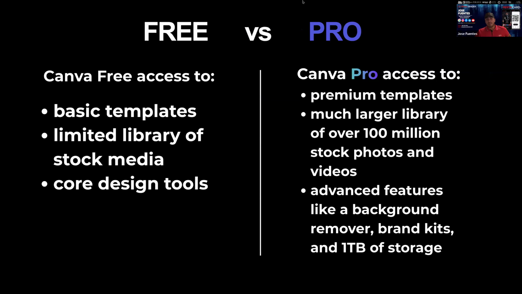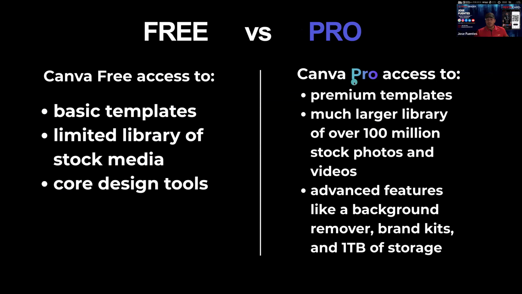And right here we have the biggest differences between the basic free version and the pro that you can get through your enterprise accounts, like I mentioned previously. With the free access, you can still do a lot. I've seen agents get by and create amazing content with a free Canva account. You do get basic templates, a very limited library of stock media, and core design tools.